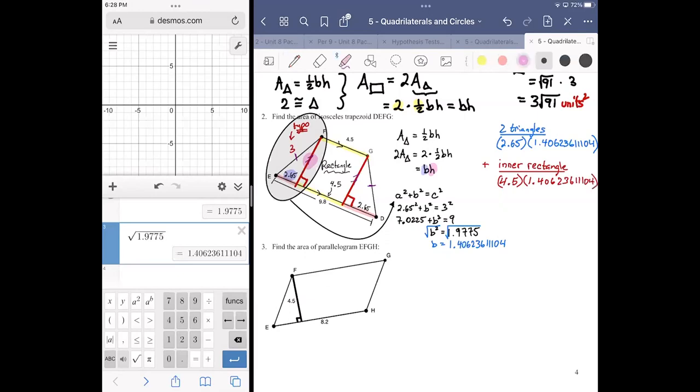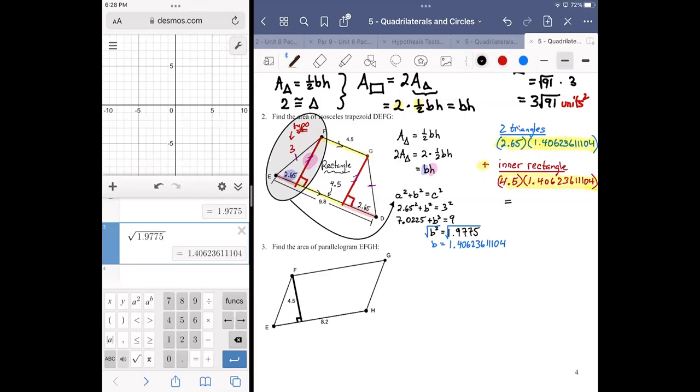So essentially, I'm taking this and adding to it this. And that's going to give me my entire area.